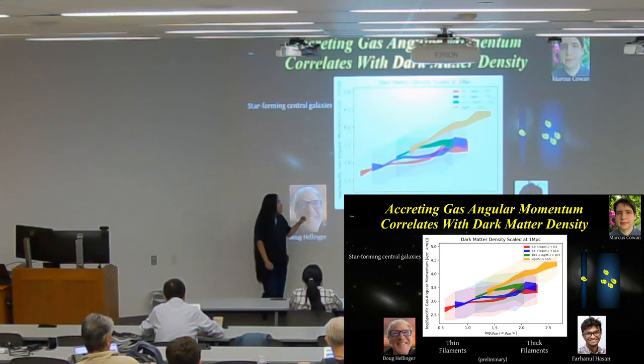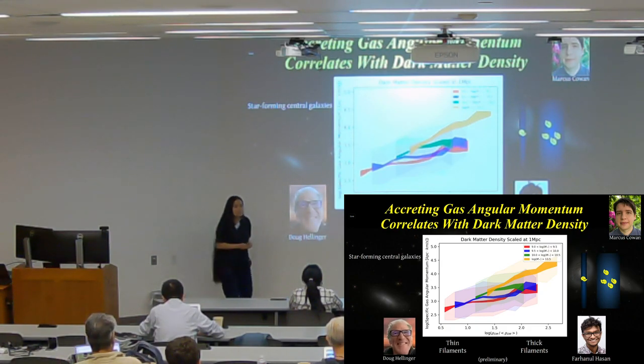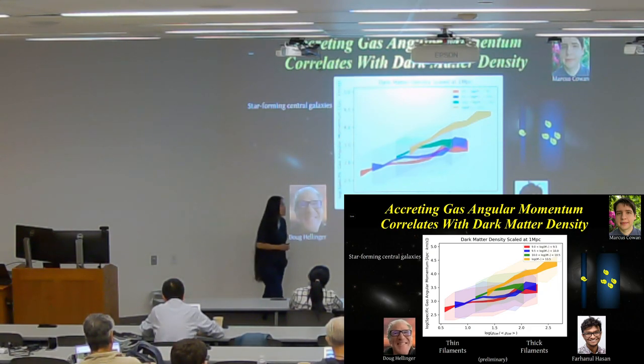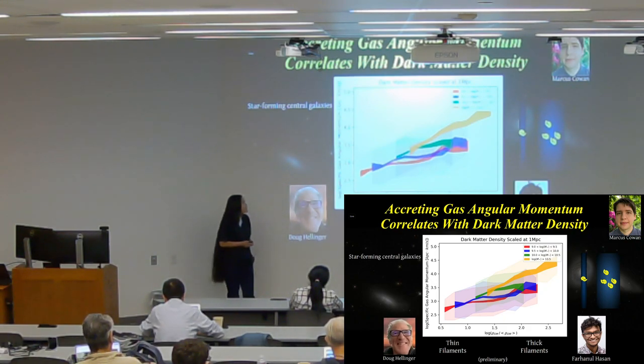And we also plotted the same thing against distance from the filament computed by Farhan, and we see similar results. Here we have the different curves in different mass bins as well. As you can see here, if you are in a higher density environment or a thicker filament, you tend to be accreting your gas with higher specific angular momentum at half R_vir.